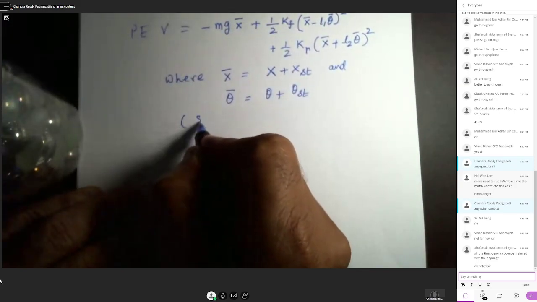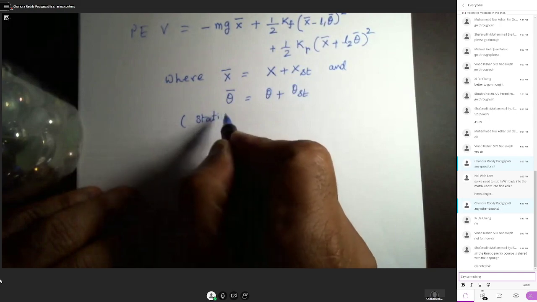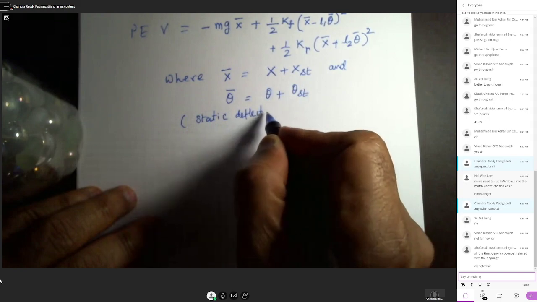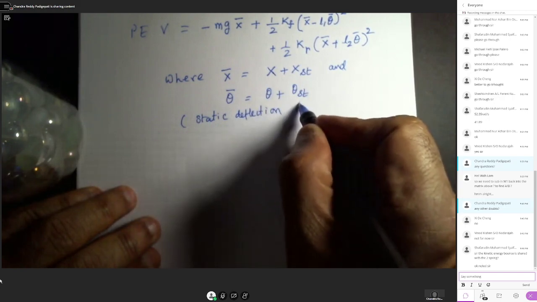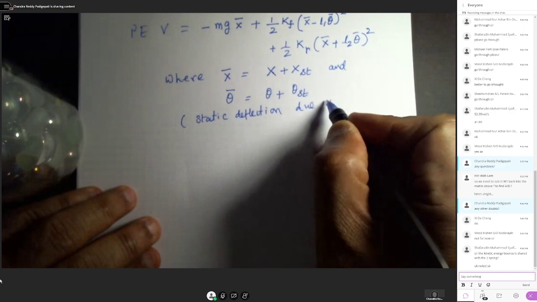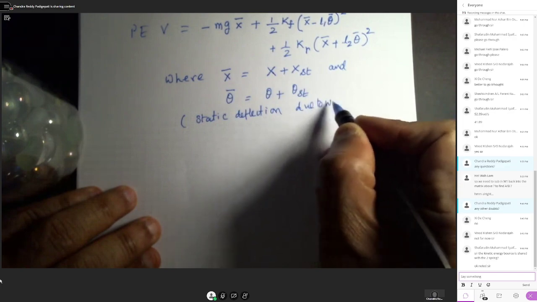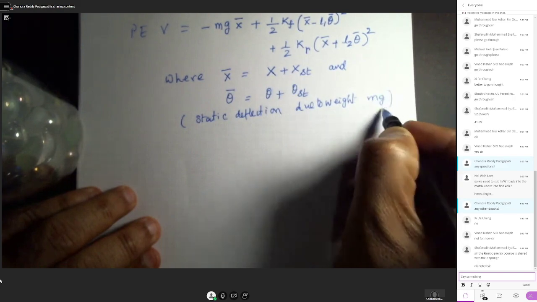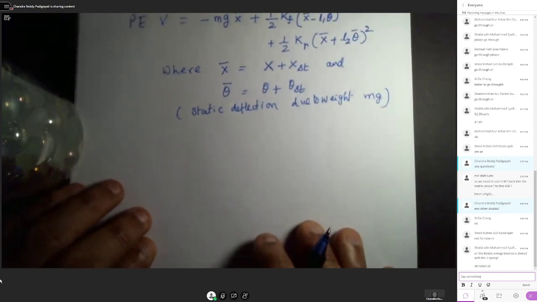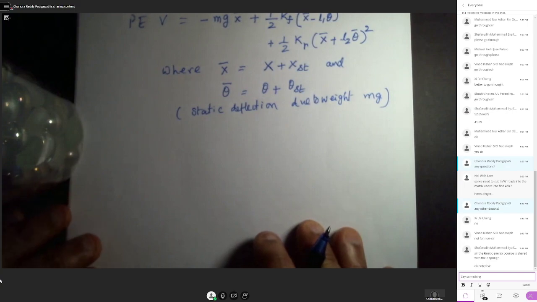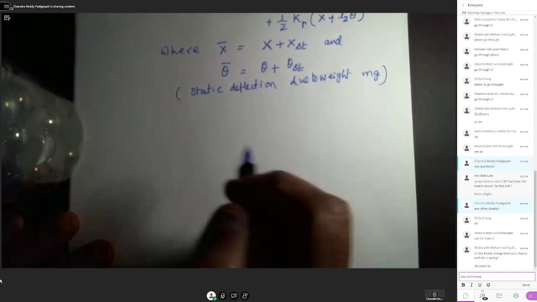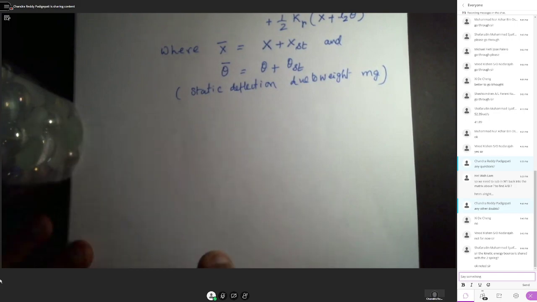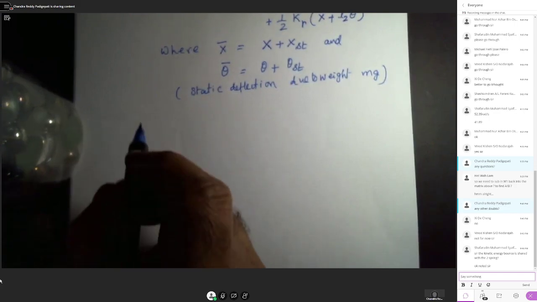The static deflection is due to the weight mg. So now we need to analyze the static deflection and write the Lagrangian.